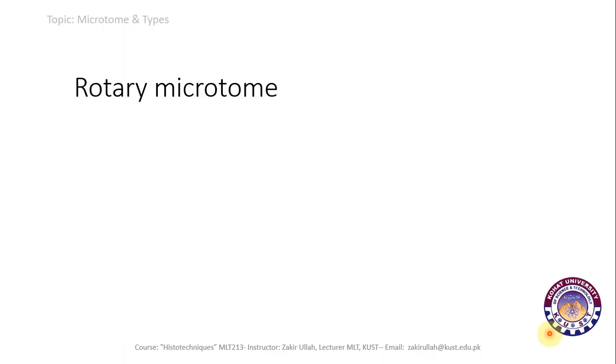Now the different types of microtomes. The first one of them is the rotary microtome. It is the most commonly used microtome in the routine histopathological laboratory and used throughout the world.